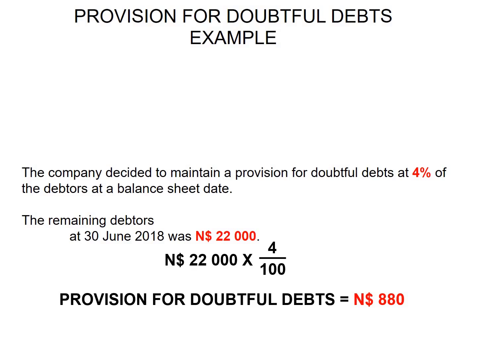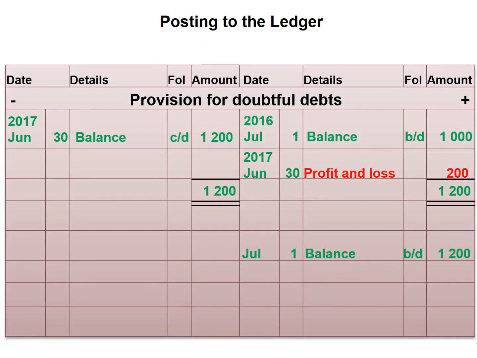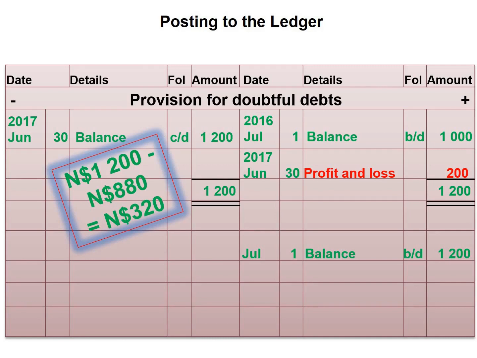So now how do we account for that? Let's move to our ledger. This is where we were. If we were to continue, we would say 1,200 less the 880 which we have calculated will give us a difference of 320. But now our provision for doubtful debts has decreased from 1,200 to 880.